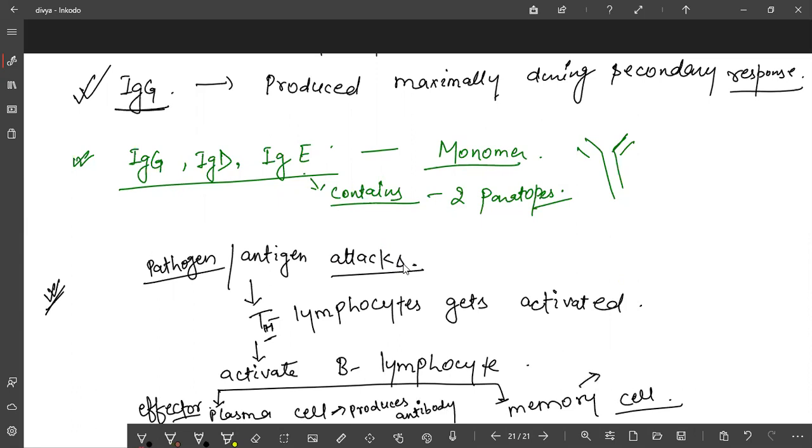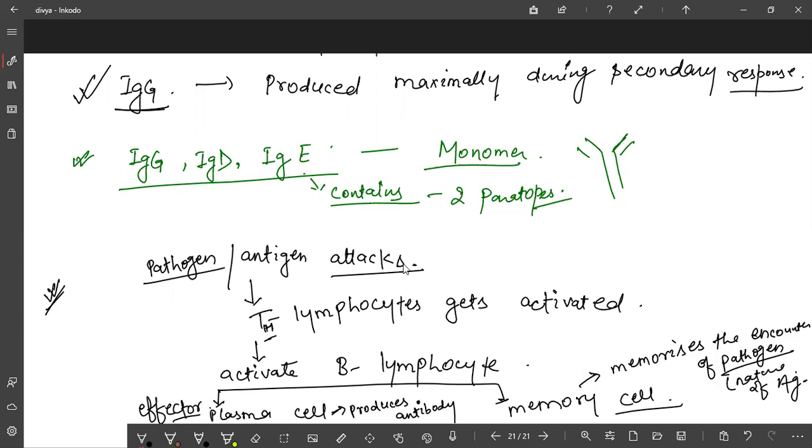And memory cell memorizes the encounter of pathogen, you can simply say the nature of antigen.